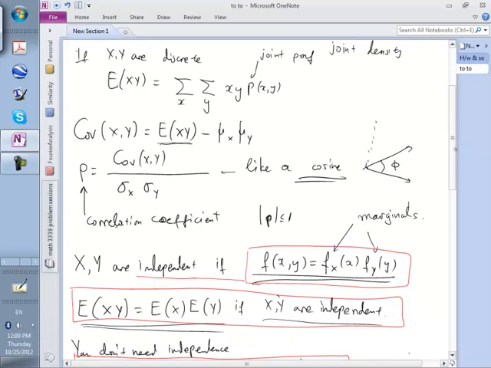When we do this calculation in this formula here, the mean of x and mean of y will have to be calculated from the marginal densities of x and y. I may use the word density both for discrete and continuous random variables, but don't worry about that. That's a common expression.